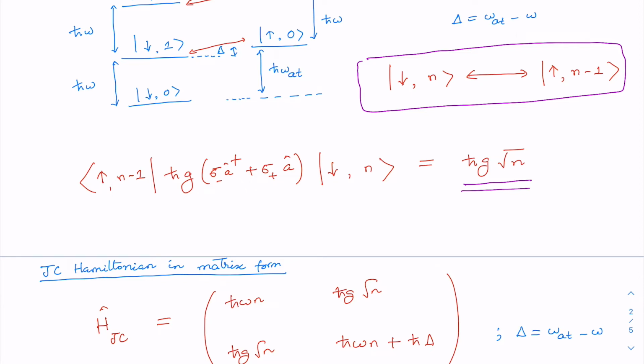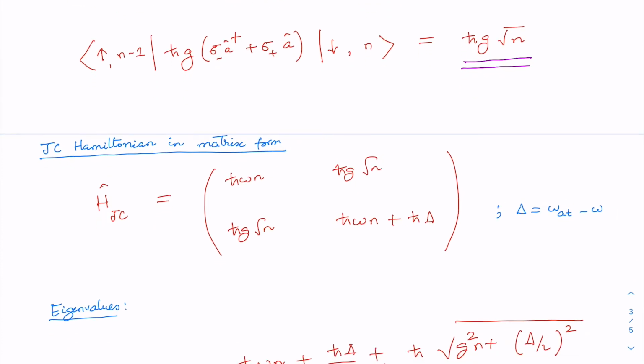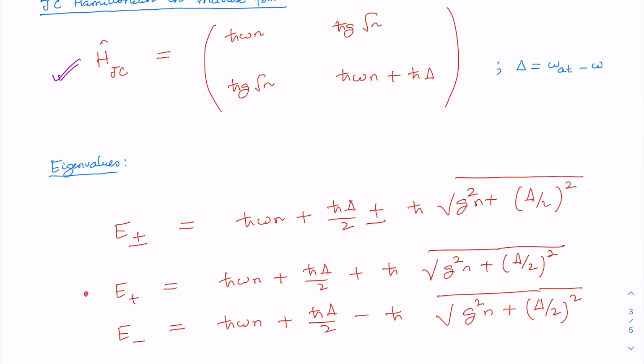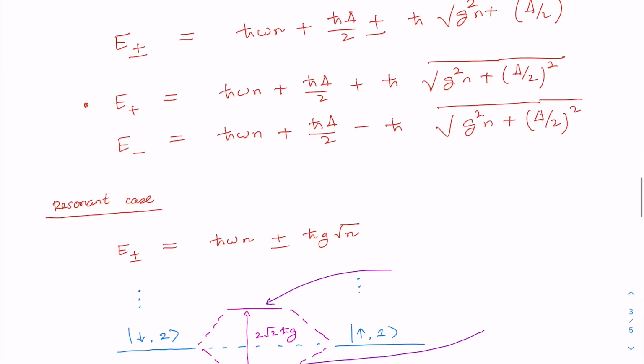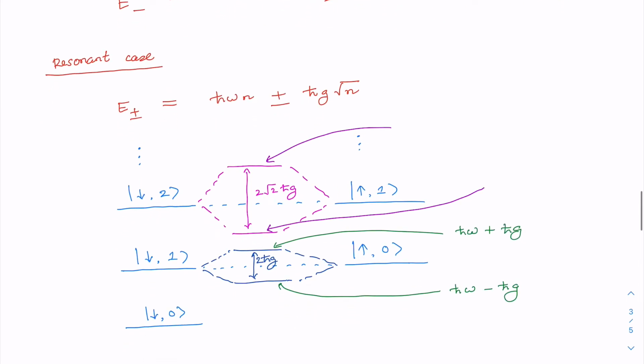Then we went on to discuss the matrix form of the RWA Jaynes-Cummings Hamiltonian, and we worked out this matrix. We also found the eigenvalues of this matrix. The resonant case we discussed at the end: when delta is equal to 0, this energy level gets split into two.